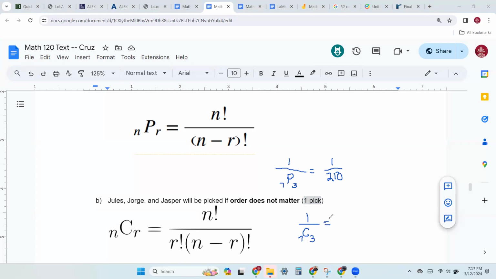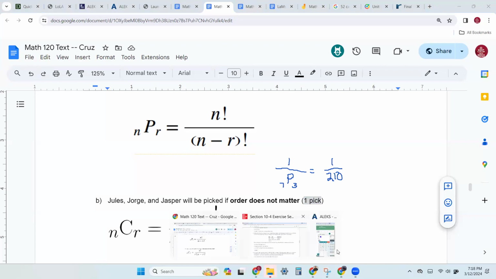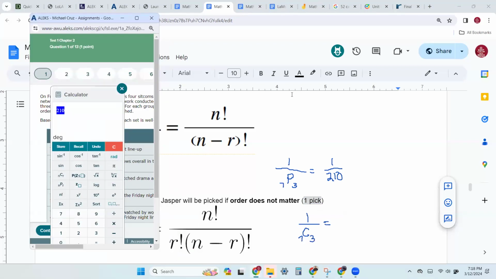This should be a smaller number because we're picking the same amount, 3 out of 7, except now since we're not having to worry about order, there's going to be less of them. So let's do it. But it's always a good idea to have in our mind what we're going to be looking for. So we've got the 7C3.